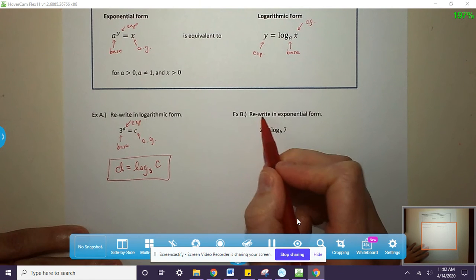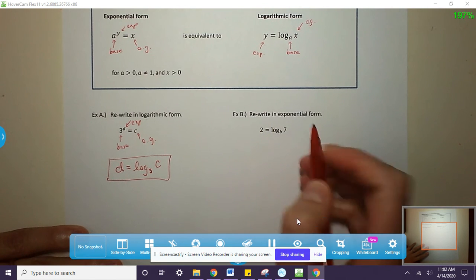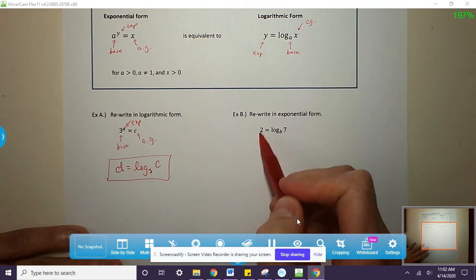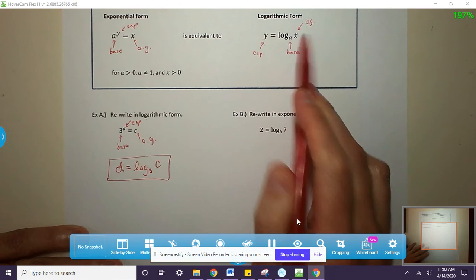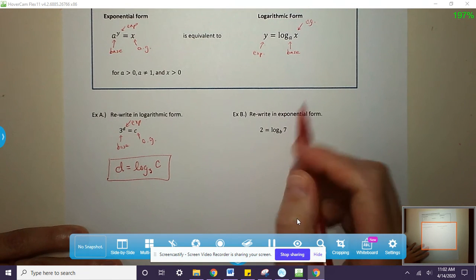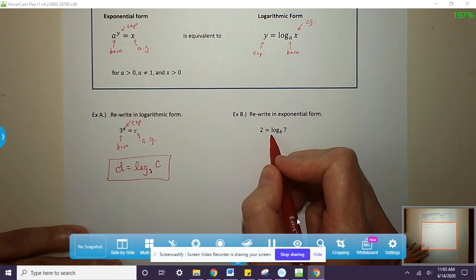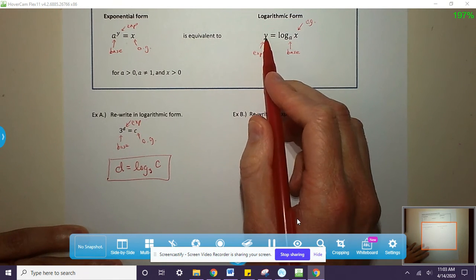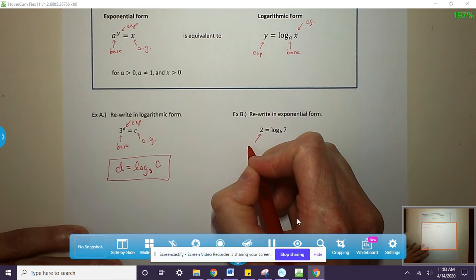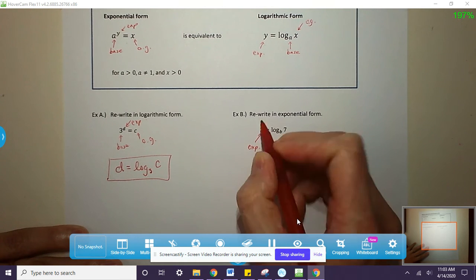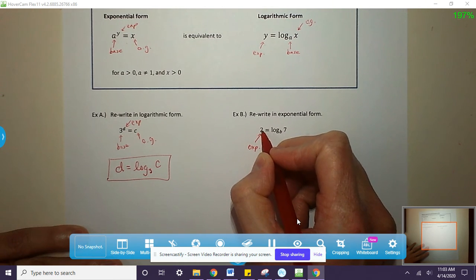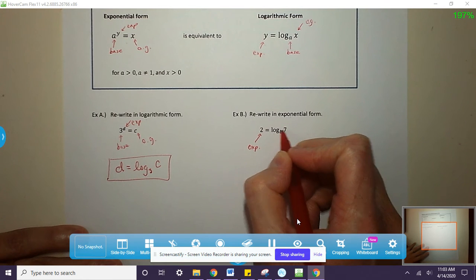For rewriting this one in exponential form, if you have log form, this is log form because it has the same structure as up here. It has log in it, and we want to change to exponential form. We want to identify the three pieces. So the one that's by itself here, the number 2, is what's going to be the exponent. Right now, it's not an exponent. It's the same level as log, same level as 7, the same size as those.